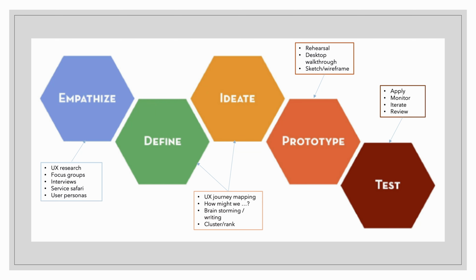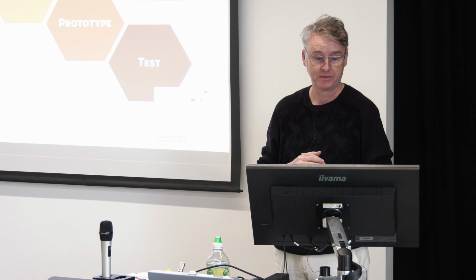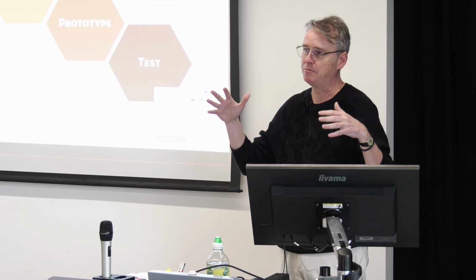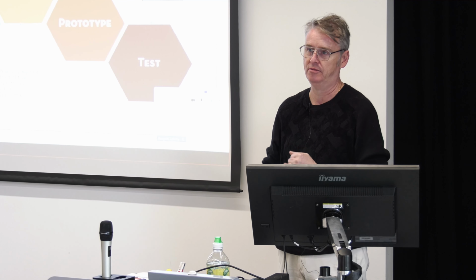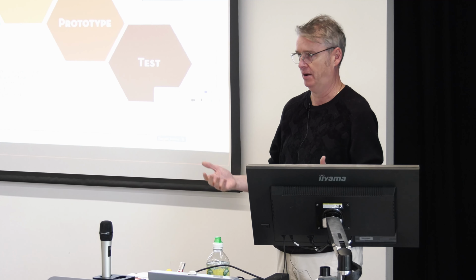The second stage is that rather than jump to assuming that you've got a solution, you spend time in the problem space, as we call it. You spend more time than you normally would in a change project, trying to work out whether you've got the right problem in mind.